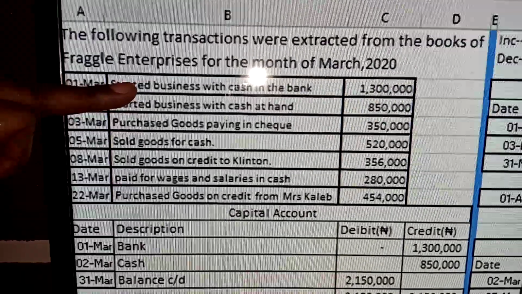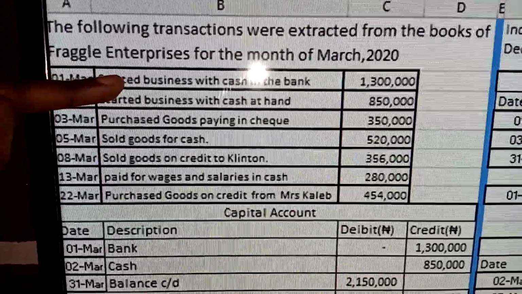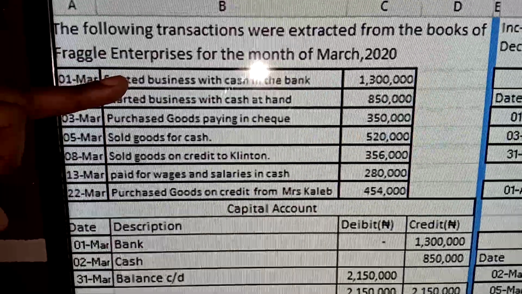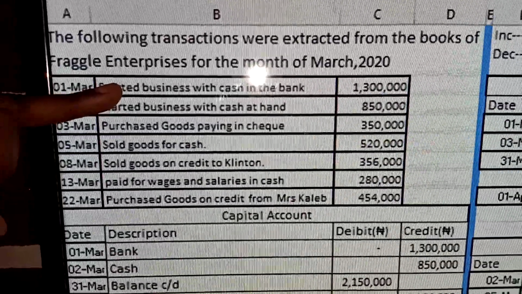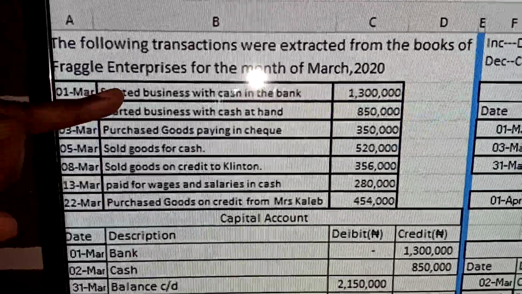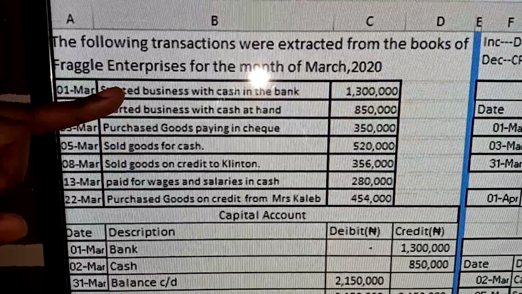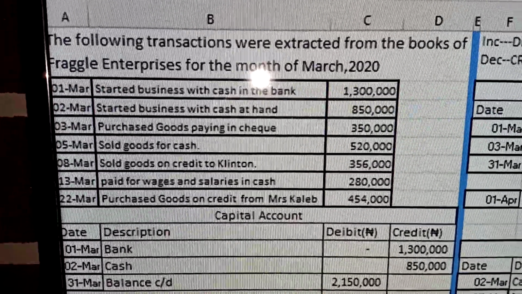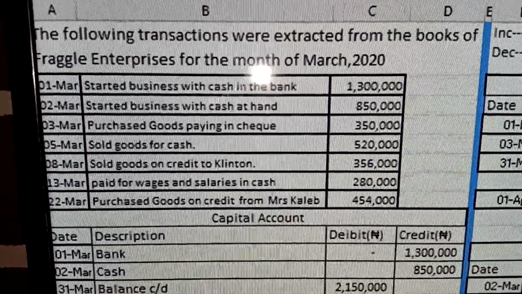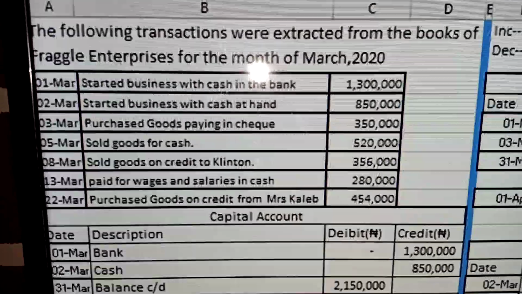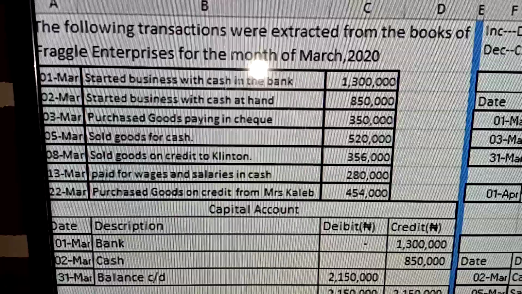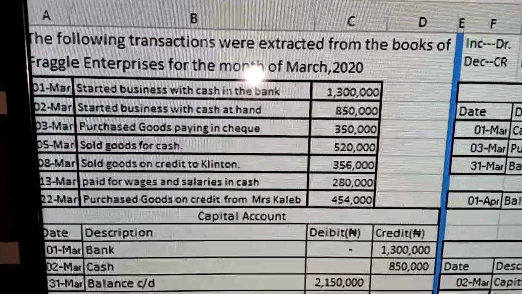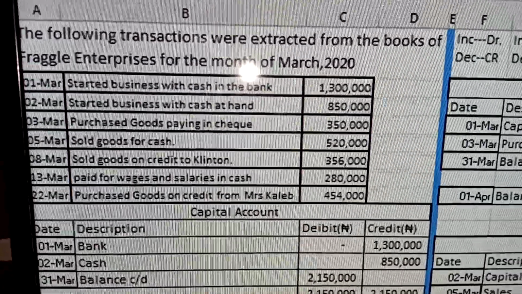Capital is a liability. Remember we said liabilities are those owings or borrowings, or debts that a business owes others. Now, as a business, if someone is putting money into the business, the business is owing that proprietor, or is owing that investor.